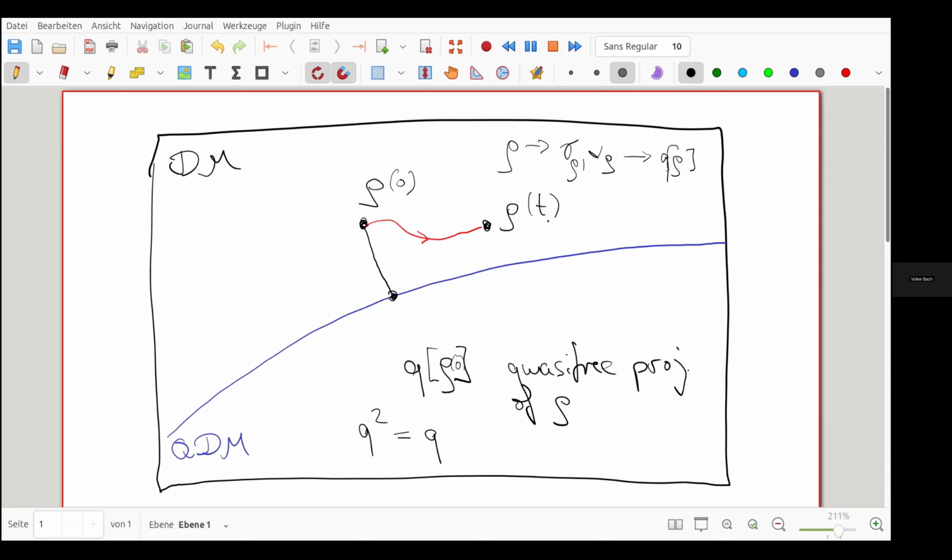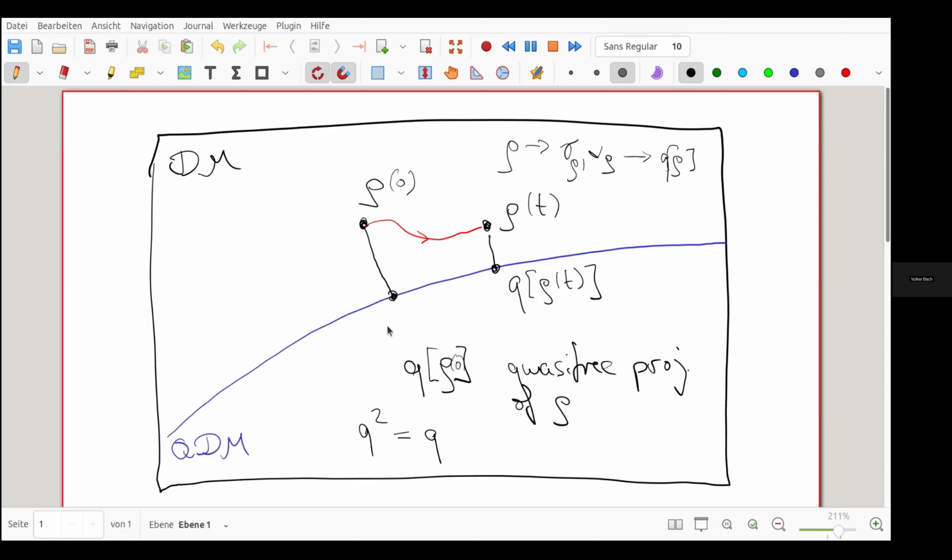And we again find Q of rho of t to be the point on the quasi-free ones that derives from rho of t.